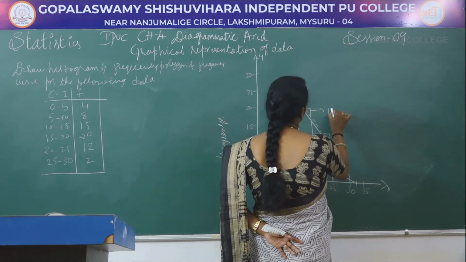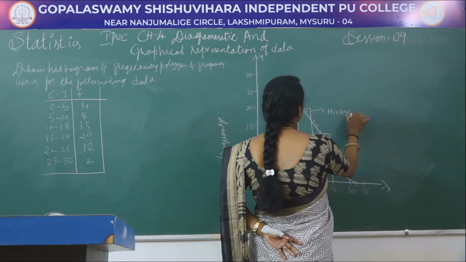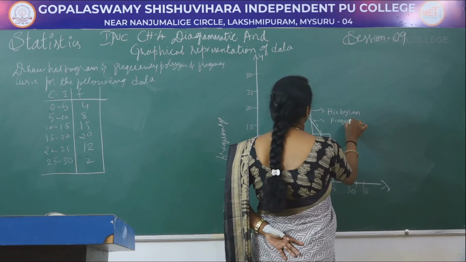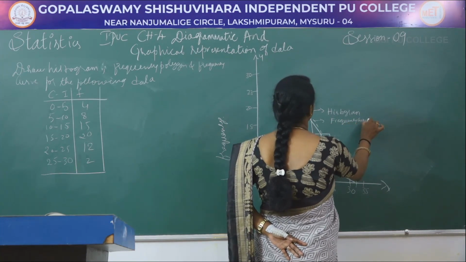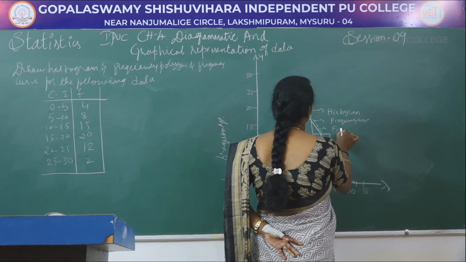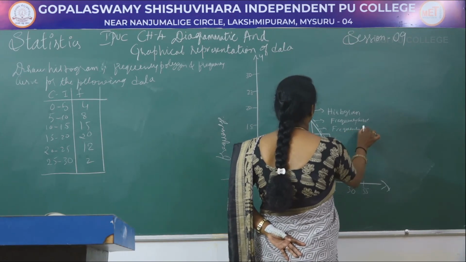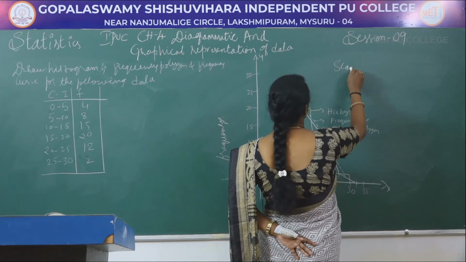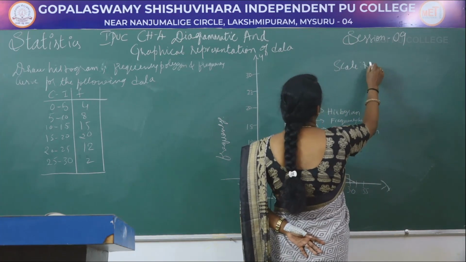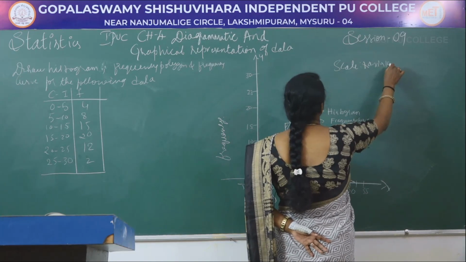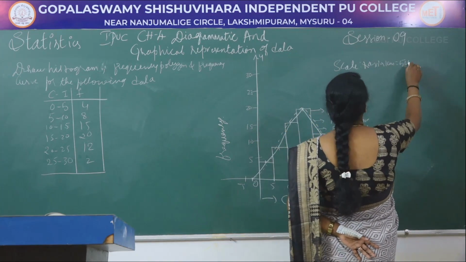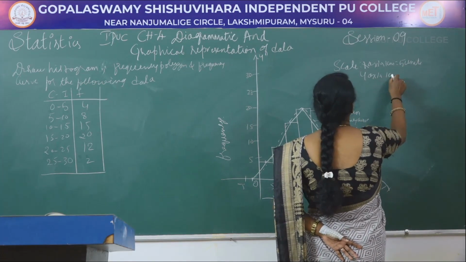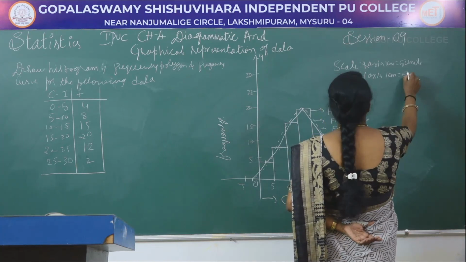So this is your histogram. This is the frequency curve, and this is the frequency polygon. Next is the scale. X-axis 1 centimeter is equal to 5 units. Y-axis 1 centimeter is equal to 5 units.